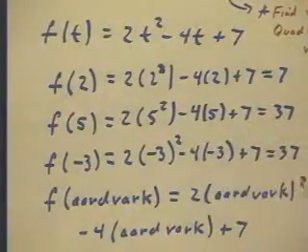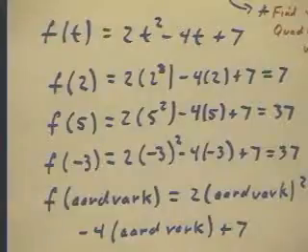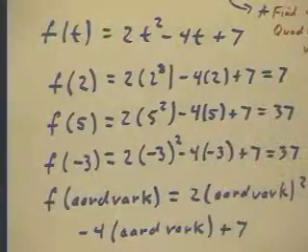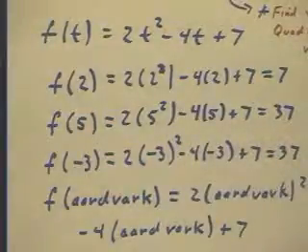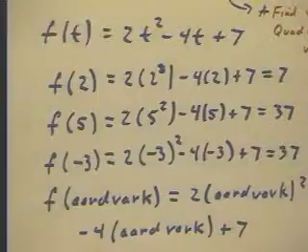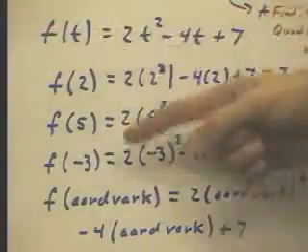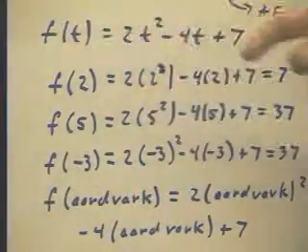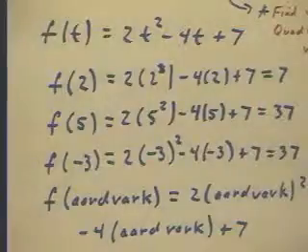Now I don't know what an aardvark squared is either. 4 times an aardvark might be interpreted as a loss of 4 aardvarks, negative 4 times aardvark. But this expression really is nonsense, but it still illustrates the point that whatever we put here, we're going to substitute for t.